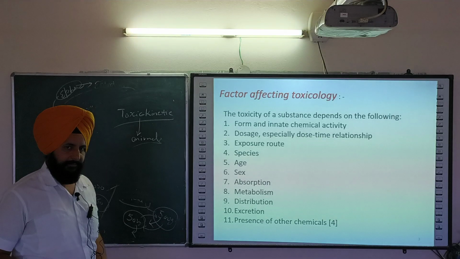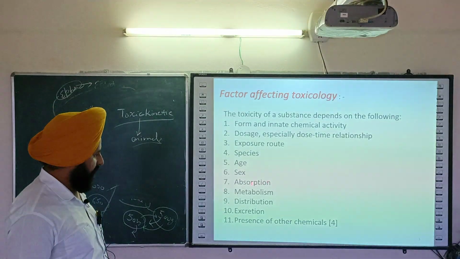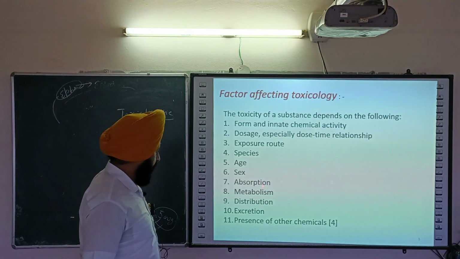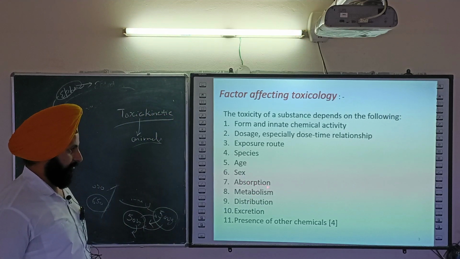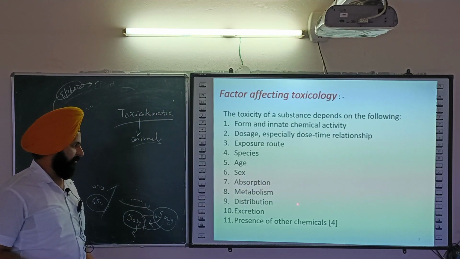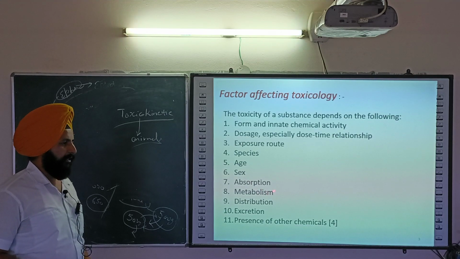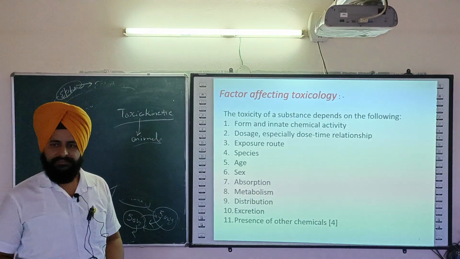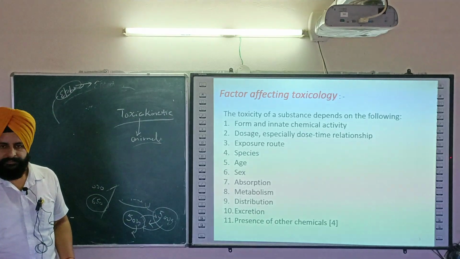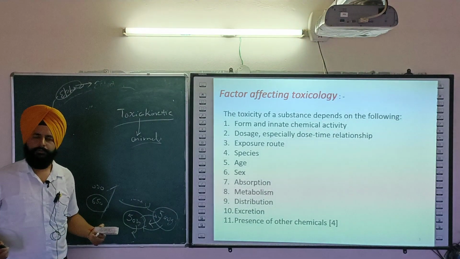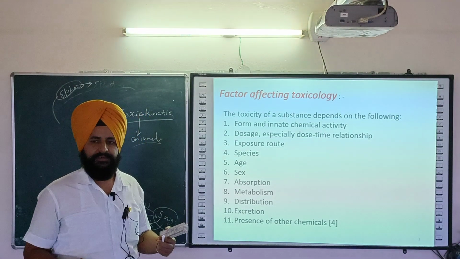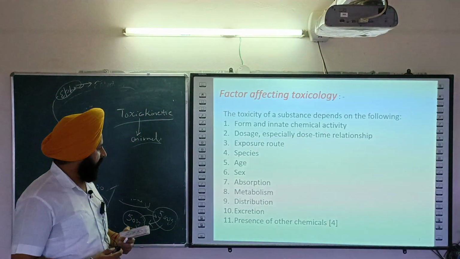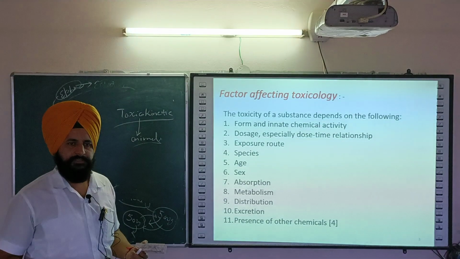If you take an acidic drug and in combination with that you take an antacid, which will raise the pH, it will interfere with the absorption of acidic drugs. So that's why it is important to know that absorption is affected in the body. The second factor is called metabolism.